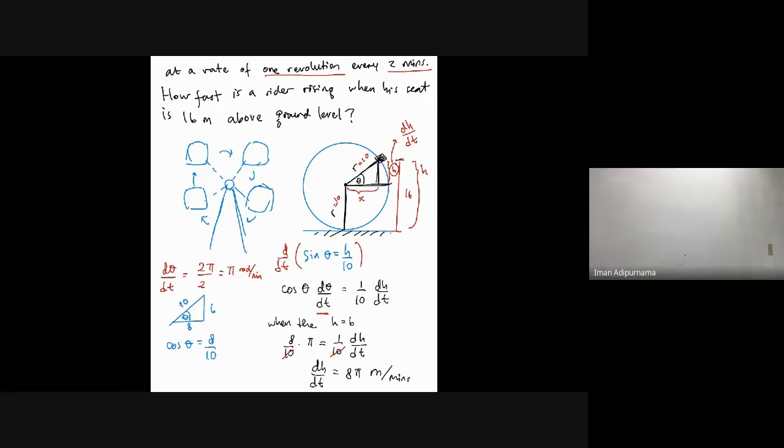Okay? So it's 8 pi meters per minute. It will be the same thing if you make your h 16, okay? Because you will also include this radius. It will be minus 10, and it's still 6. Still the same conclusion.